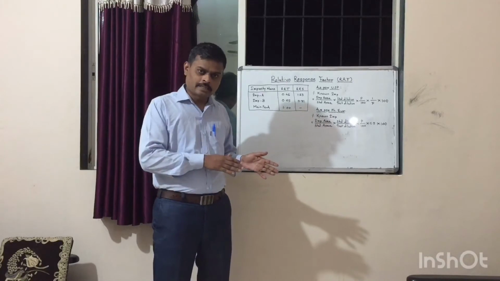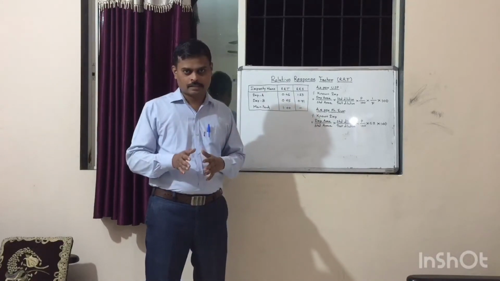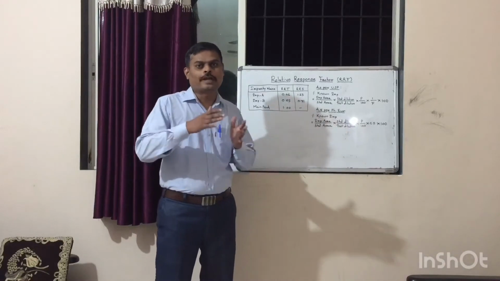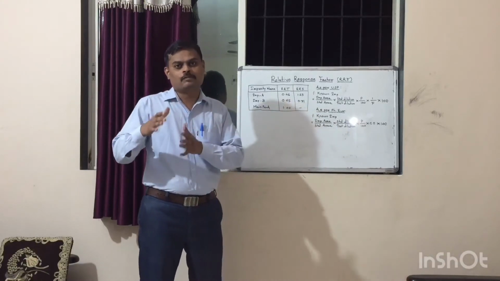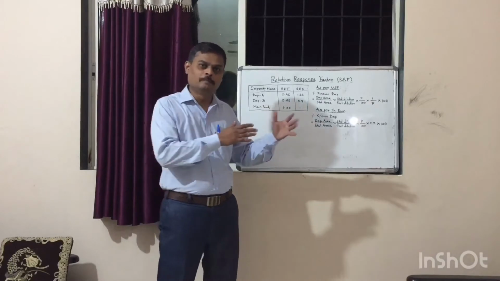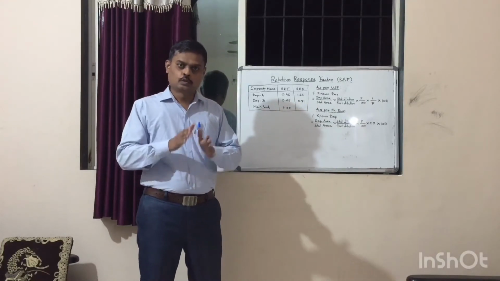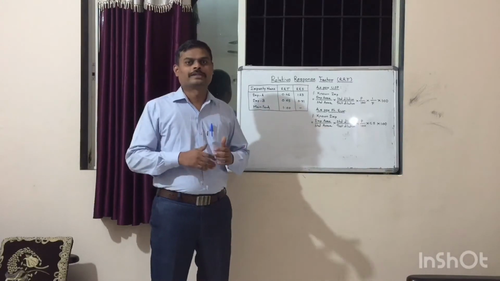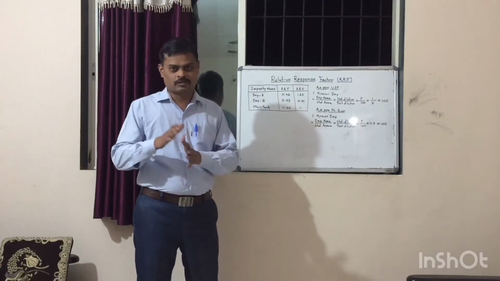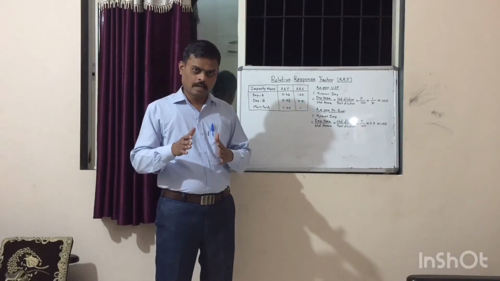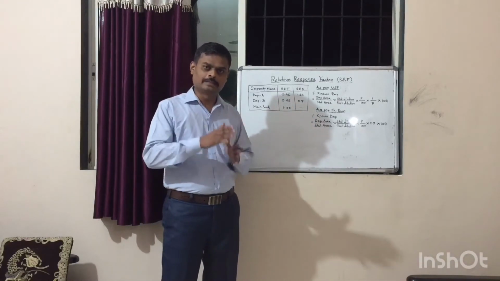The accuracy of determination will depend on how accurately you calculate the relative response factor of each known impurity. So friends, it is very important to know how to determine the relative response factor. So let's see how to determine the relative response factor.